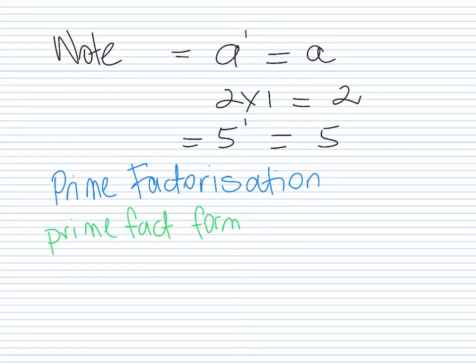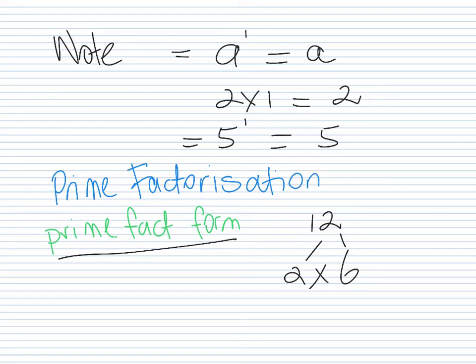So, for example, we may be given the number 12. And we want to express this number in its prime factor form, which is here. Okay? So, to break this down, we could say that in order to get 12, we could go 2 by 6. Note that this is starting to look like a tree.